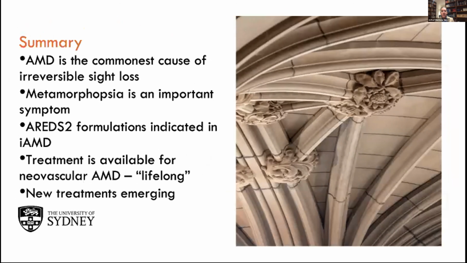AREDS 2 formulations consist of a mixture of antioxidants and the flavonoids lutein and zeaxanthine, which are normally concentrated in the macula, and these are of benefit for patients with intermediate AMD or who have wet AMD in one eye. Treatments for neovascular or wet macular degeneration are available.